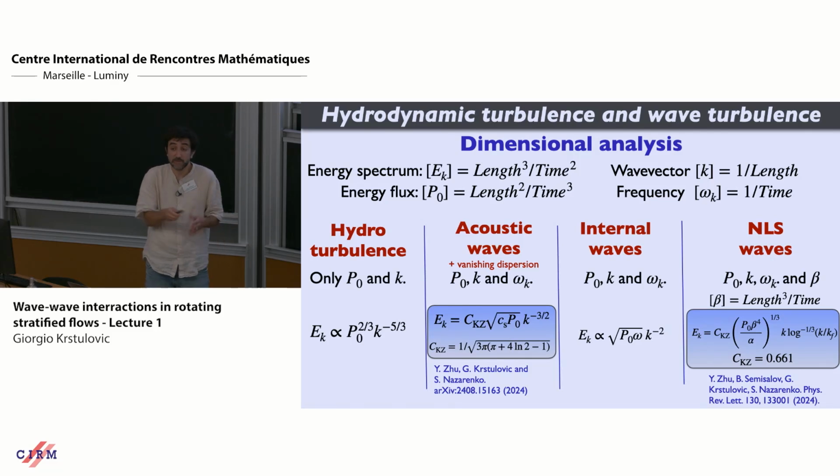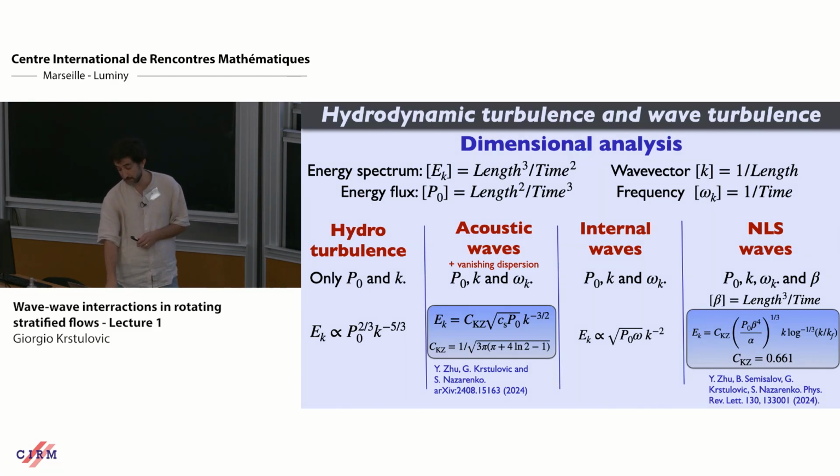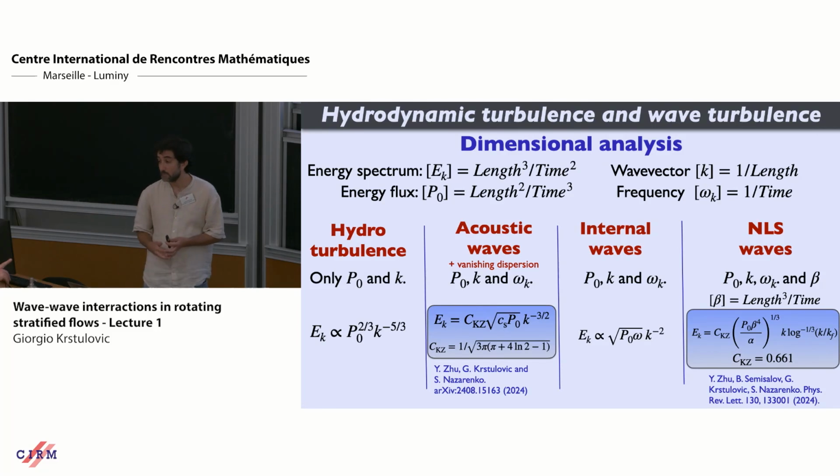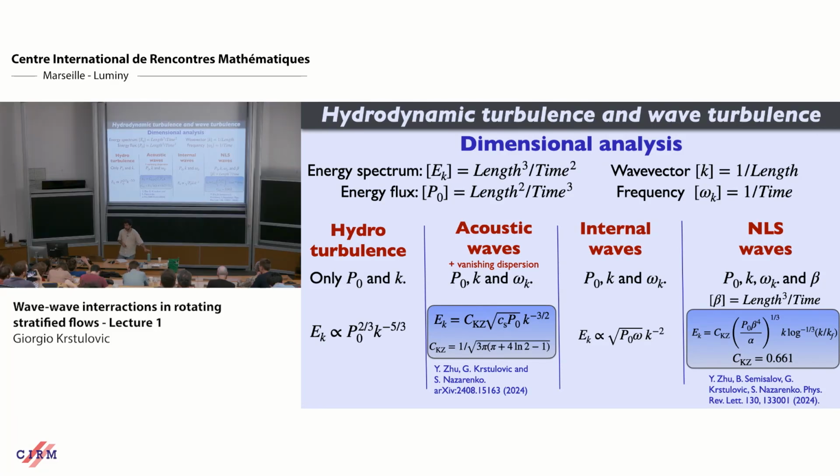All these results are exact analytical results, and there is no other assumption than that the physics is described by the kinetic equation. These spectra that I am showing are for a certain limit at large scale. So it's the result that comes from the kinetic equation, and always for the energy cascade.